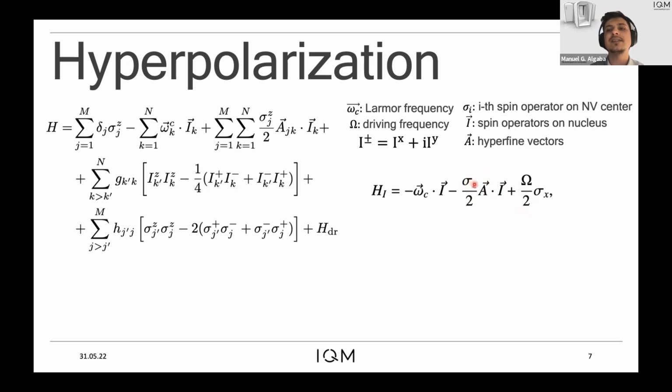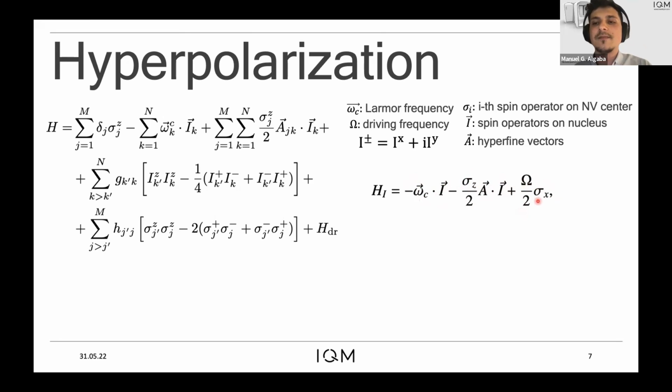The sigma z is acting on the NV center, and this sigma x is acting on the NV center as well. So this would be like your natural Hamiltonian in your system, but this part is coming from the radiation that you are sending there.